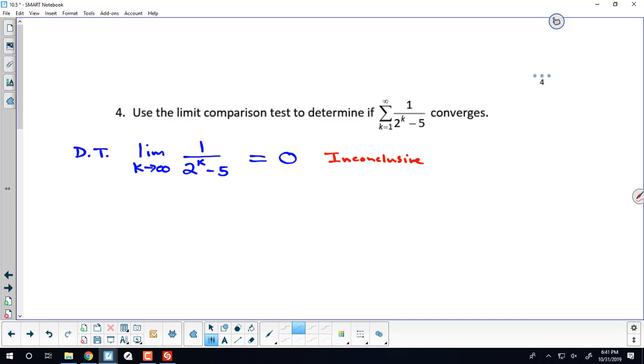So in an instance like that, where I recognize, hey, that series is similar to a geometric series, then just compare it with the geometric series. So we'll do a limit comparison test with the chosen series to be 1 over 2 to the k.